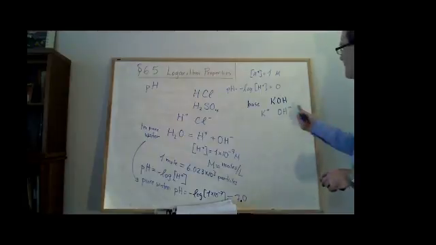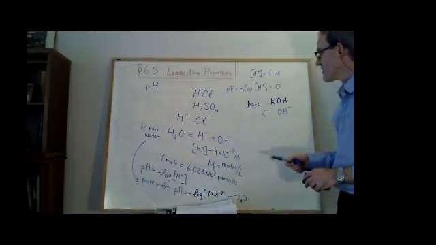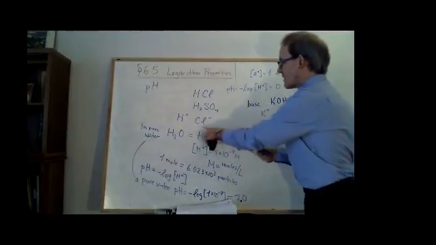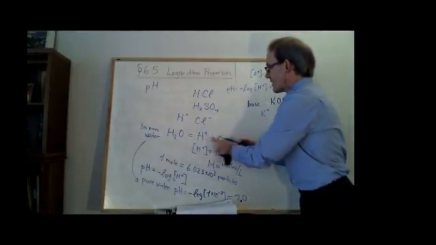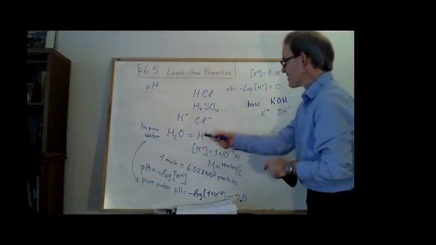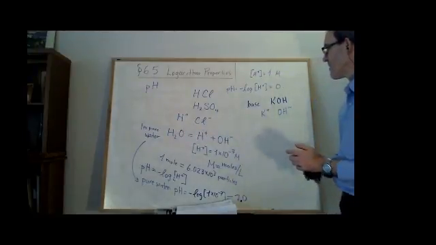And the negative OH ions will tend to increase the concentration of OH minus. And any excess hydrogen atoms will be canceled. You'll get more water. And when this cancellation is done, you'll get a lower concentration of H plus than you started with.